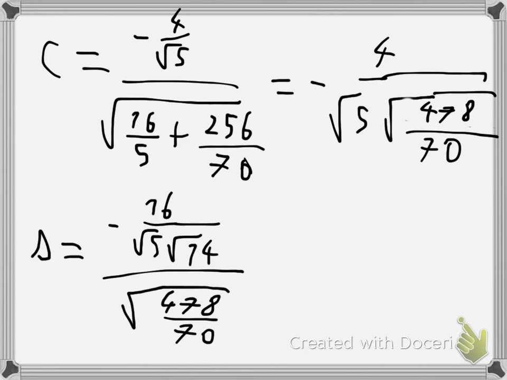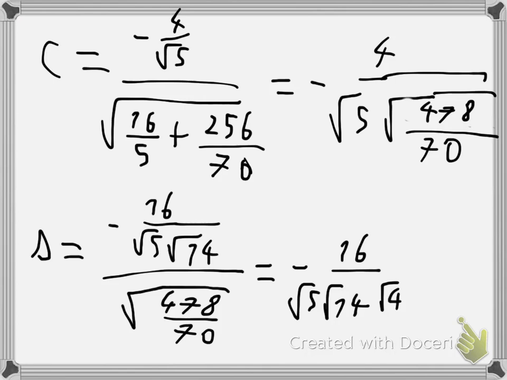And so it will be negative 16 over square root of 5 square root of 14. I think you can distribute the square root in the fraction and take the square root of 70 on the top.